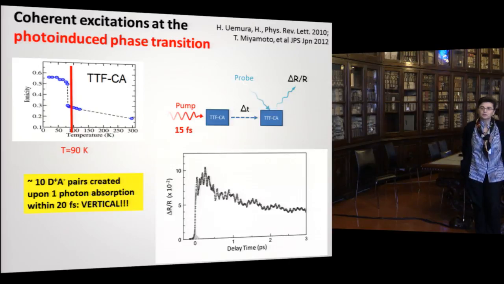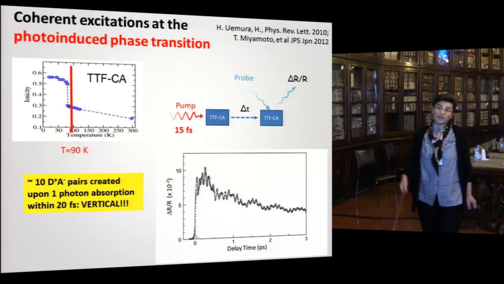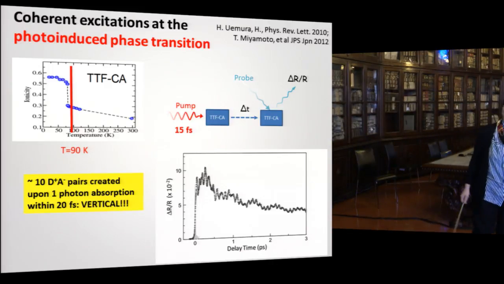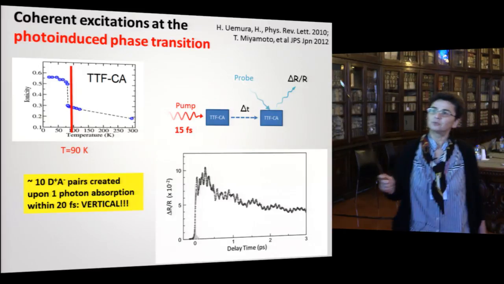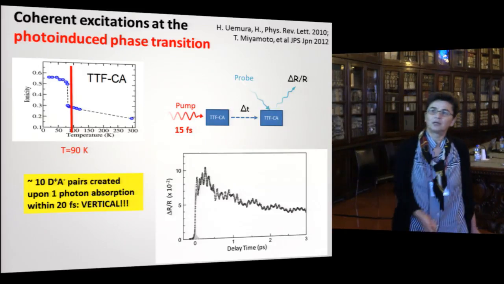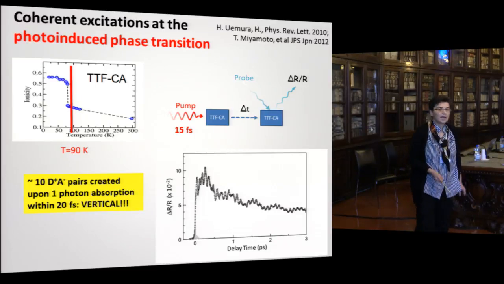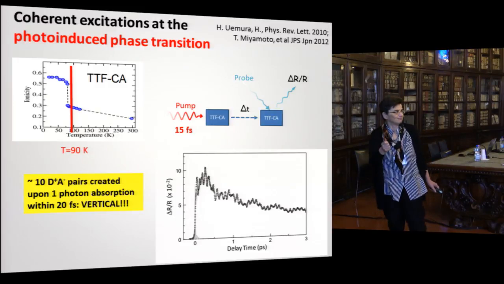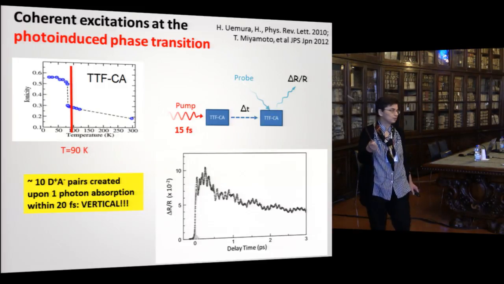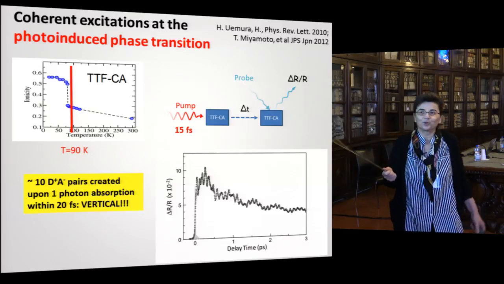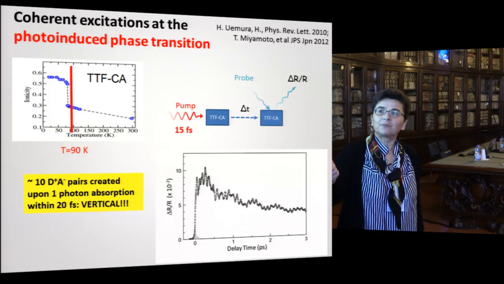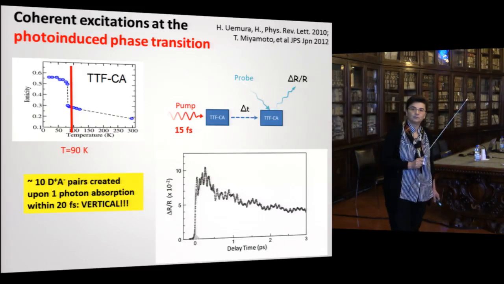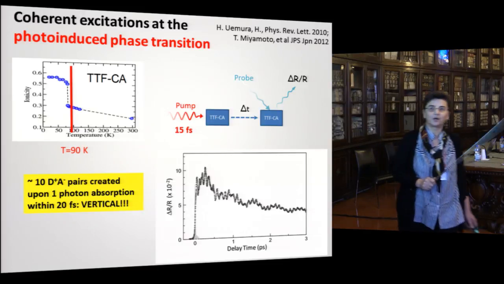One very interesting result, the result that actually made me interested in this kind of work, is that they are able to demonstrate that upon one photon absorption, in the first 20 femtoseconds, so almost vertical, 20 femtoseconds is their resolution, they cannot go shorter, one photon absorbed is able to make 10 DA pairs go from neutral to ionic.